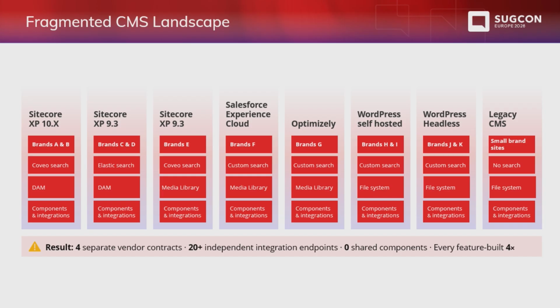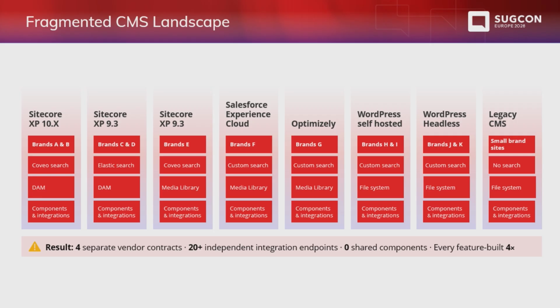Here is a more drilled down version of this fragmented CMS landscape. They had Sitecore XP 10.x, Sitecore XP 9.3, and another Sitecore XP 9.3 with a different brand. A few had Coveo search, a few had Elasticsearch, a few had custom search, and a few had no search.